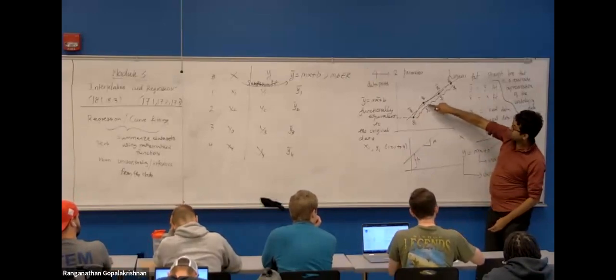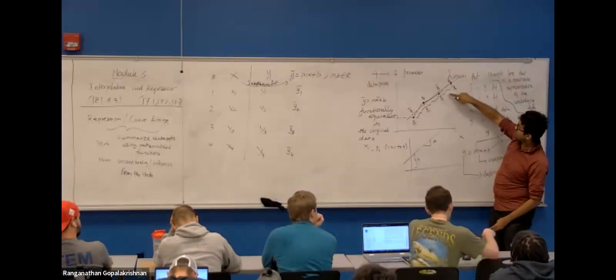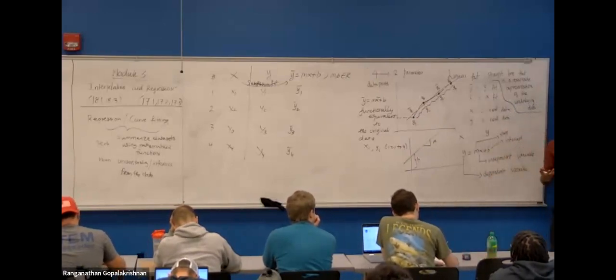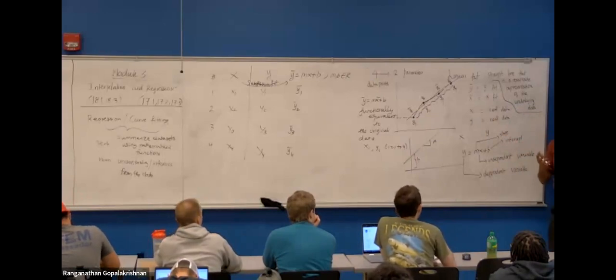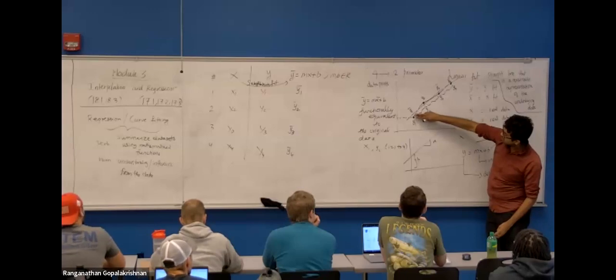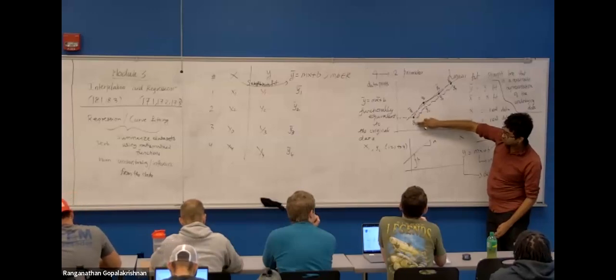And y2 would be exactly equal to y2 bar, and same for 3 and 4. But in reality, that's not the case, because no data is perfectly what you think it is. You think it's linear, but there is some noise or some deviations here and there. So there is always a difference between the actual value and the value predicted by the fit.